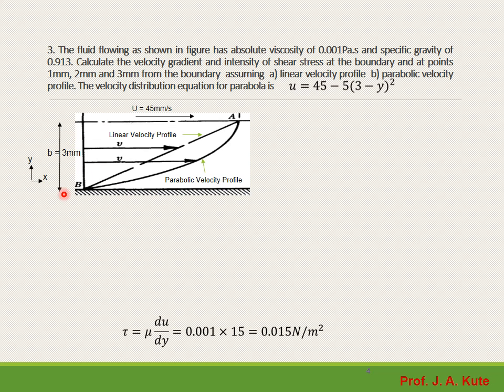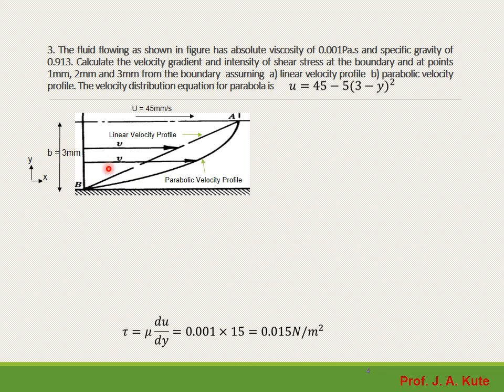Here there is no moving plate given, only that the liquid is flowing over the fixed surface, and the topmost surface, where the velocity would be maximum, is at 3 millimeter from the fixed plate. This topmost surface has a velocity of 45 millimeter per second.